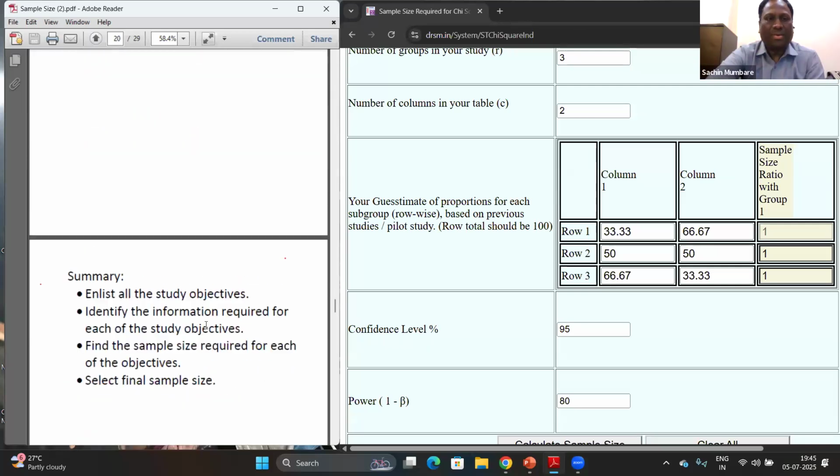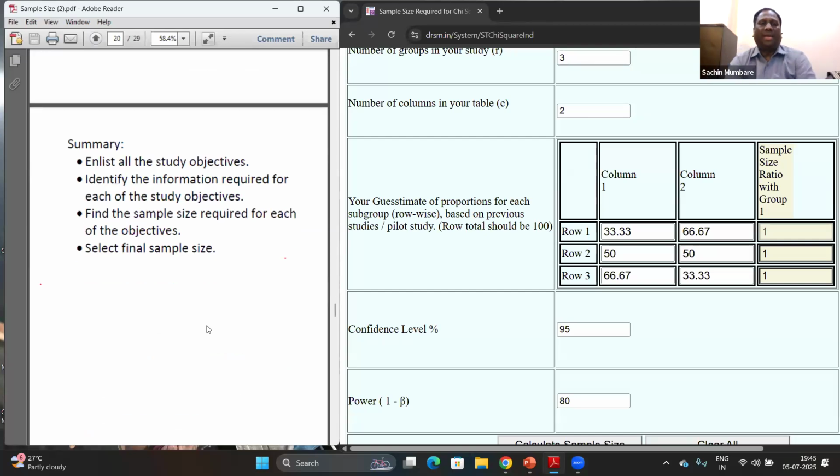Okay, thank you. So, in summary, to calculate the required sample size for your research, you will never have just one study objective. So we have to enlist all the study objectives and identify whether they intend to estimate something or intend to test or apply any test. For each objective, identify the information required.